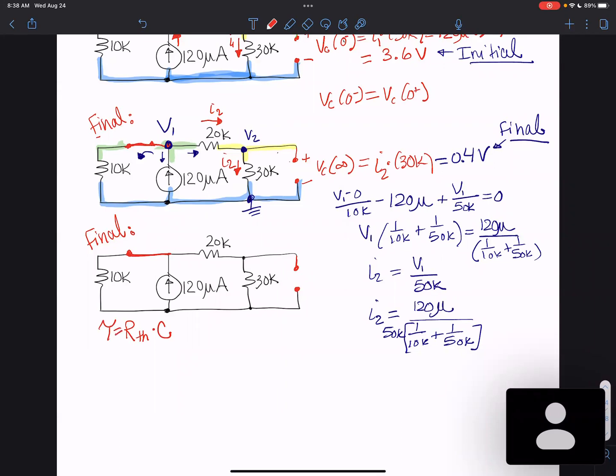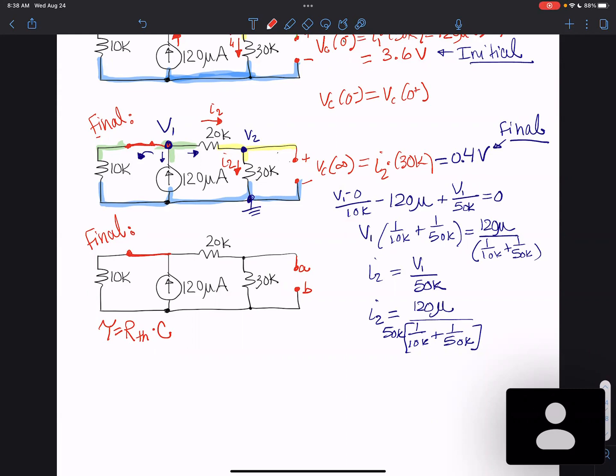Where the element is for the capacitor, I'm at the A and the B locations. This would be my A and my B. And I look at this and I only have independent sources here. So the easiest way to find a Thevenin is just to reduce down the sources.